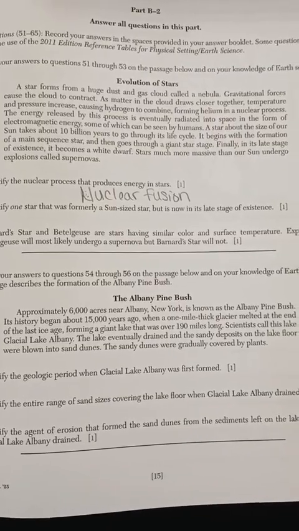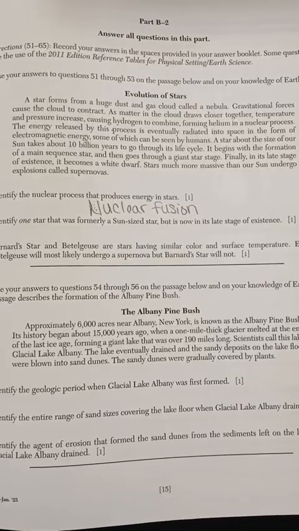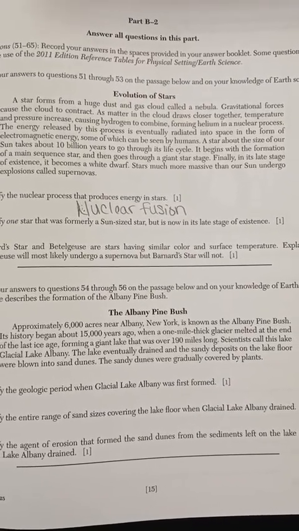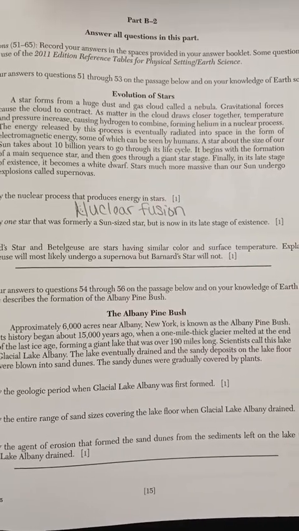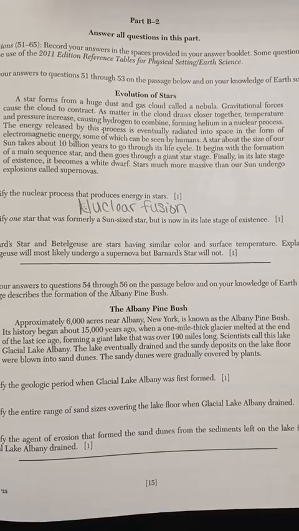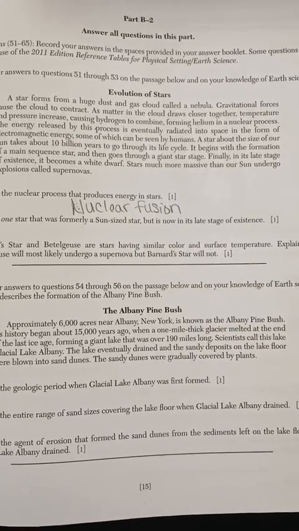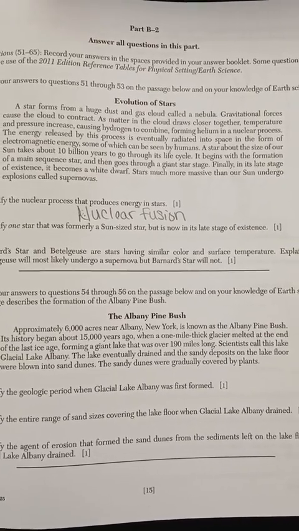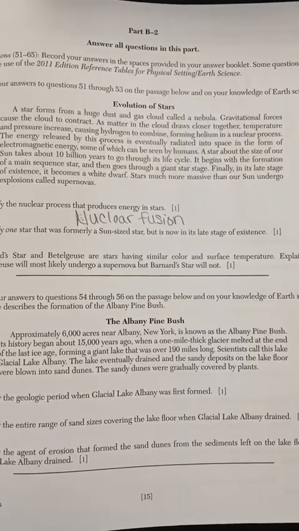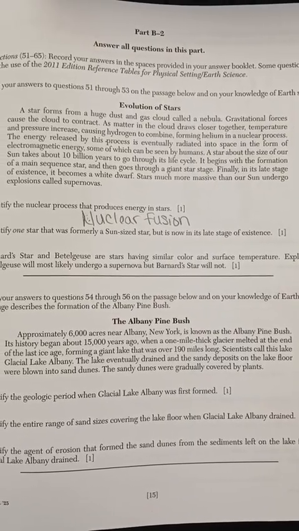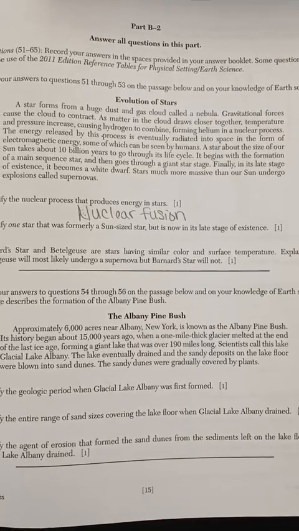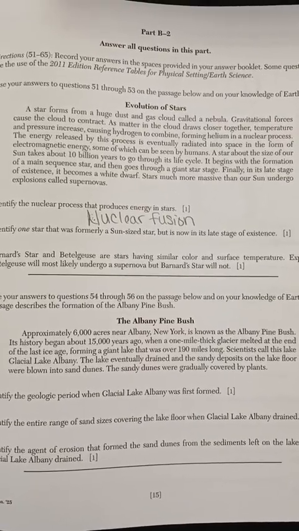So what do they mean by a sun-sized star? They basically mean the size of our sun. What is our sun right now? The paragraph told us that a star about the size of our sun takes about 10 billion years to go through its life cycle, and it begins with the formation of a main sequence star, then goes through the red giant stage, and finally in its existence, becomes a white dwarf.